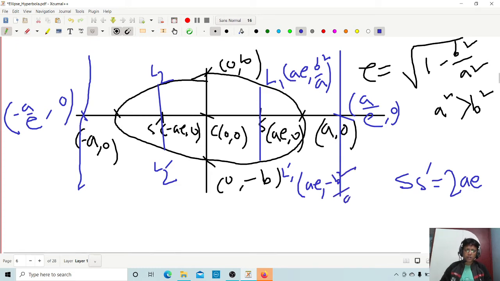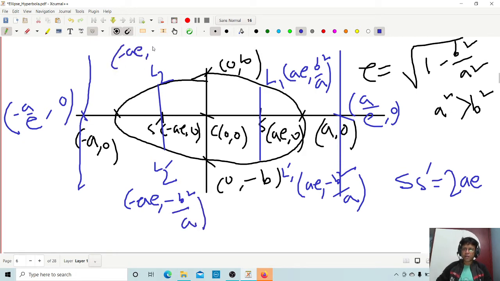And on this side you can also calculate minus ae comma b squared by a, and minus ae comma minus b squared by a, in the third quadrant, minus, minus. So these are the extremities of the latus rectum.